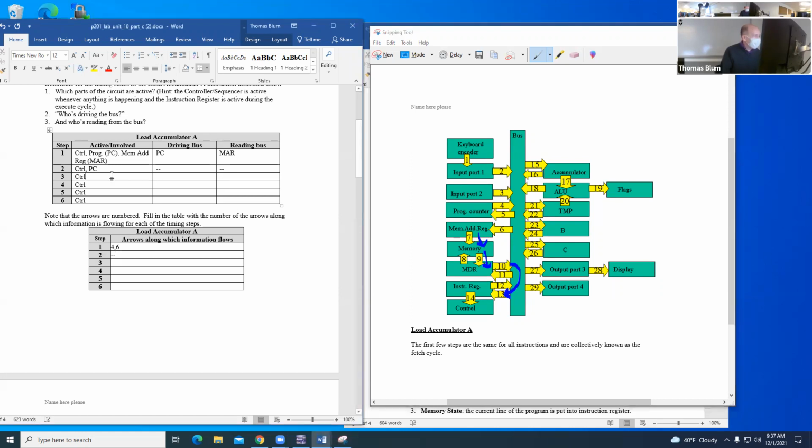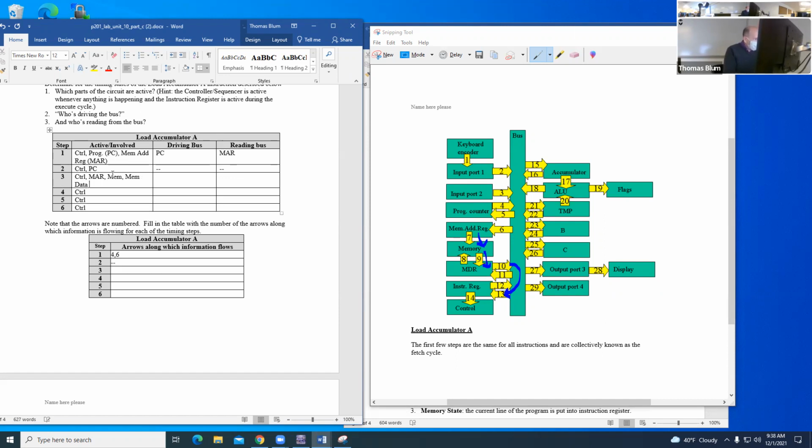So who's involved? The memory address register is telling us where. The memory is telling us what is at that location. Then it moves through the memory data register, which I'll call the MDR.